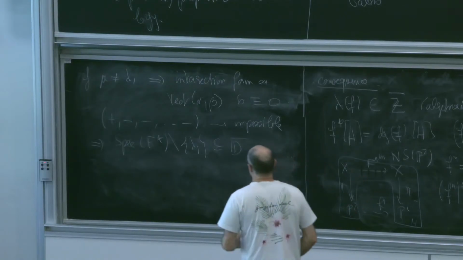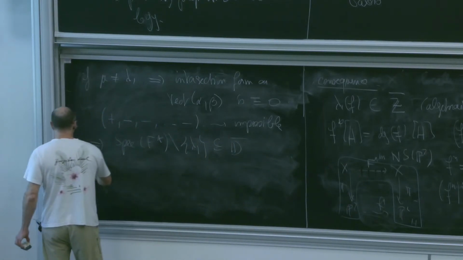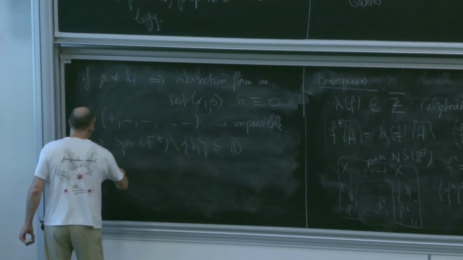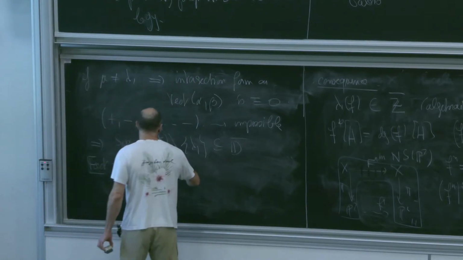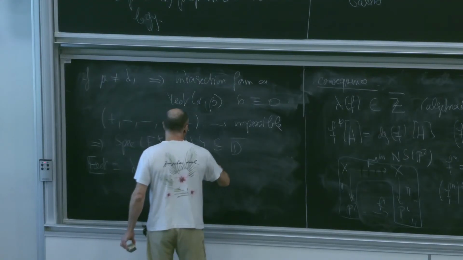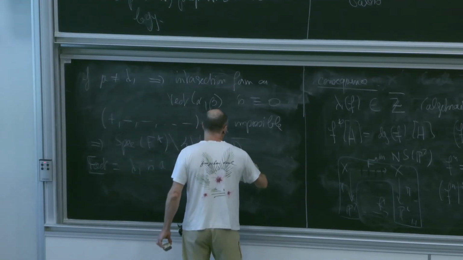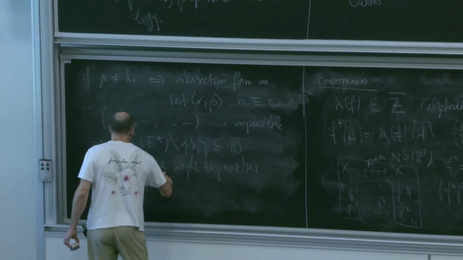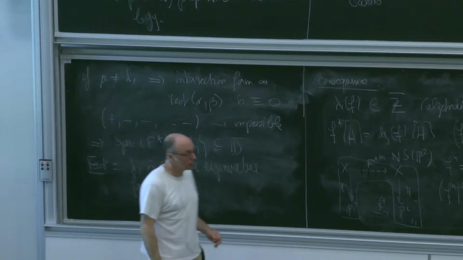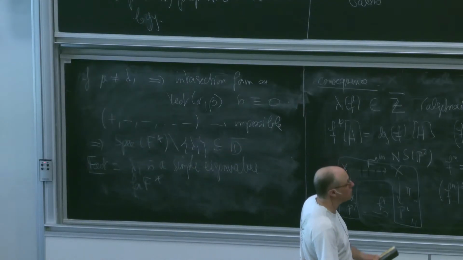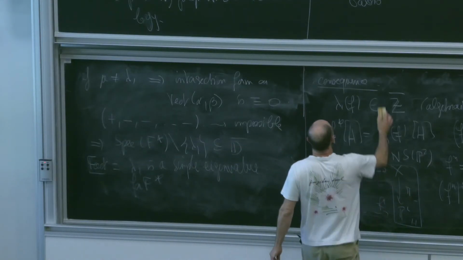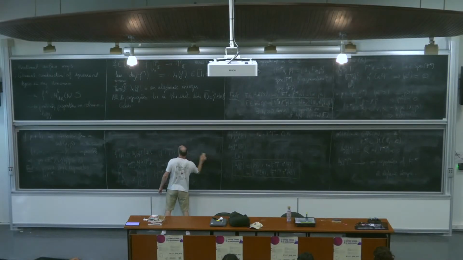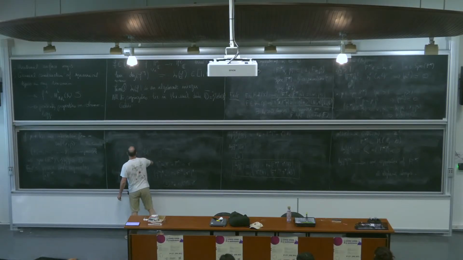Okay, so the last comment I would like to make is that lambda 1 is a simple eigenvalue for F star. It's exactly the same kind of argument. But if you know that, then this implies something about the growth of degrees, for instance.